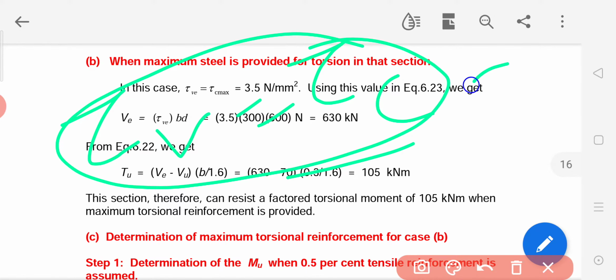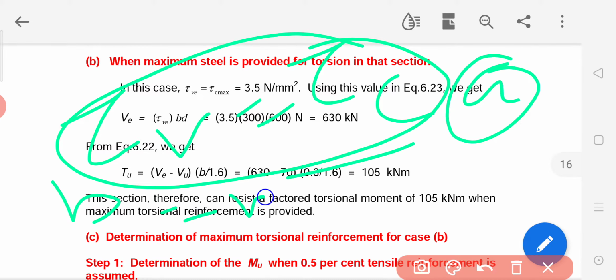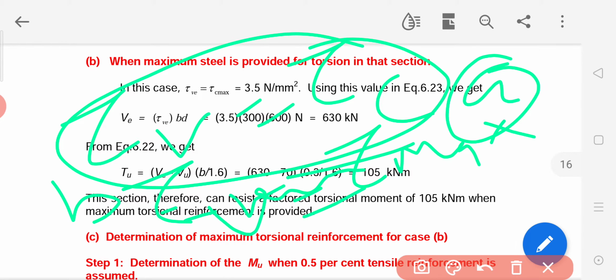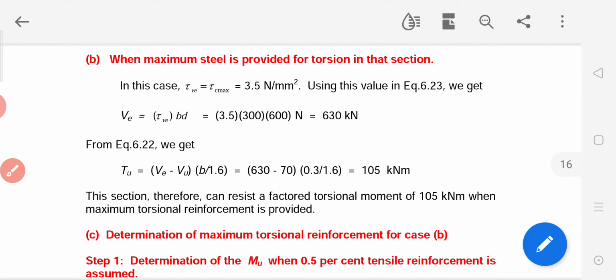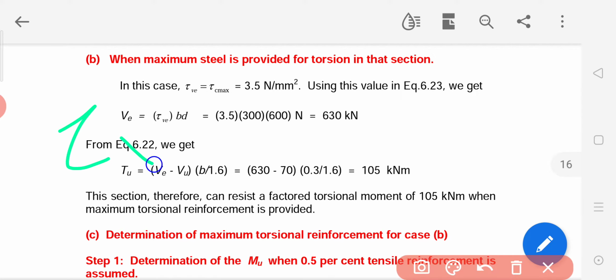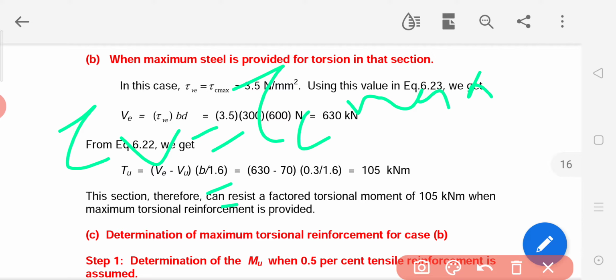In part B, where maximum steel is provided, tau v equal to tau c maximum. So tau v equal to tau c maximum equal to 3.5 Newton per mm square.